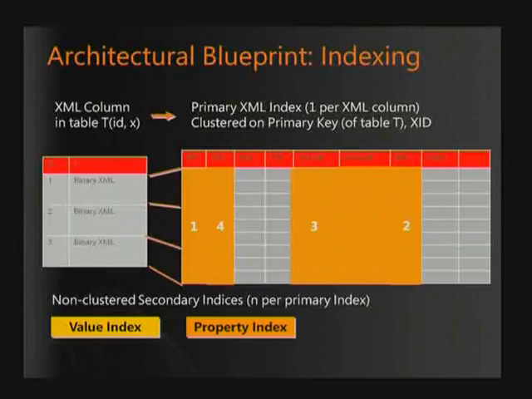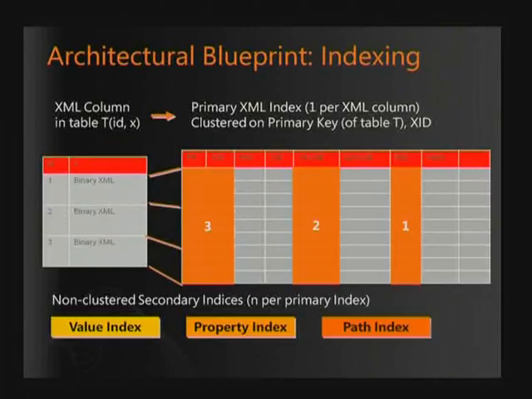The property index takes the primary key first, HID, value, and the node ID. And it basically allows us to very easily answer queries where I already know the row due to other means. And the last one is the path index, which allows me, given a path, to identify what value and what node I might have and what row I belong to.